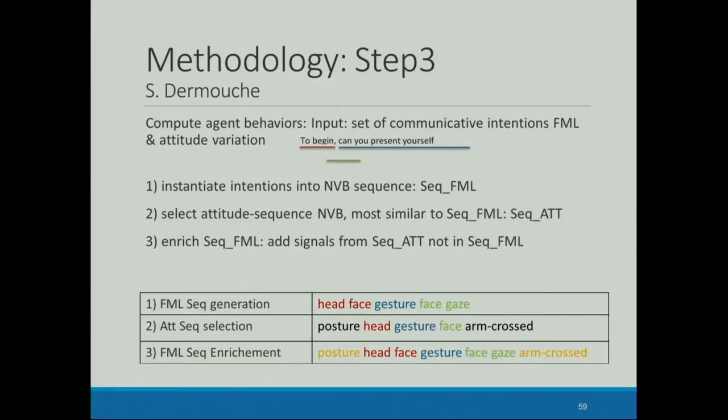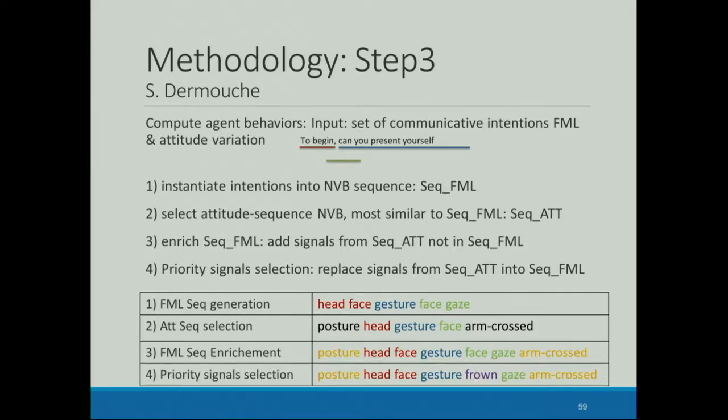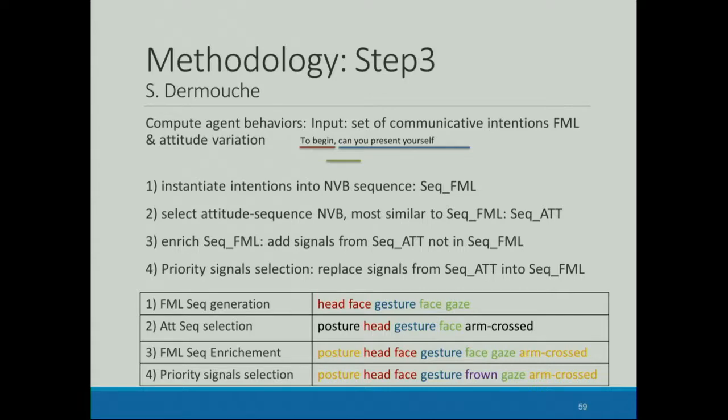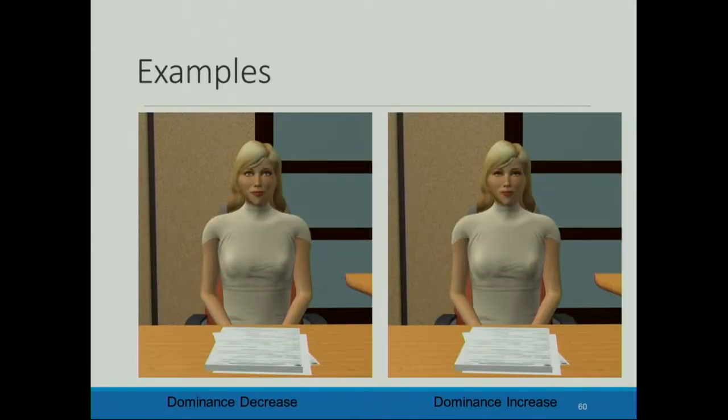And whenever possible, we replace some of the signals from the intention by values from the attitude. For example, the facial expression will be instantiated from the attitude, which will be here, for example, a frown. So like that, at the end, we have sequences of behaviors that convey communicative intention and also social attitude variations. So let me show you examples. Here we have an example of dominance decrease.